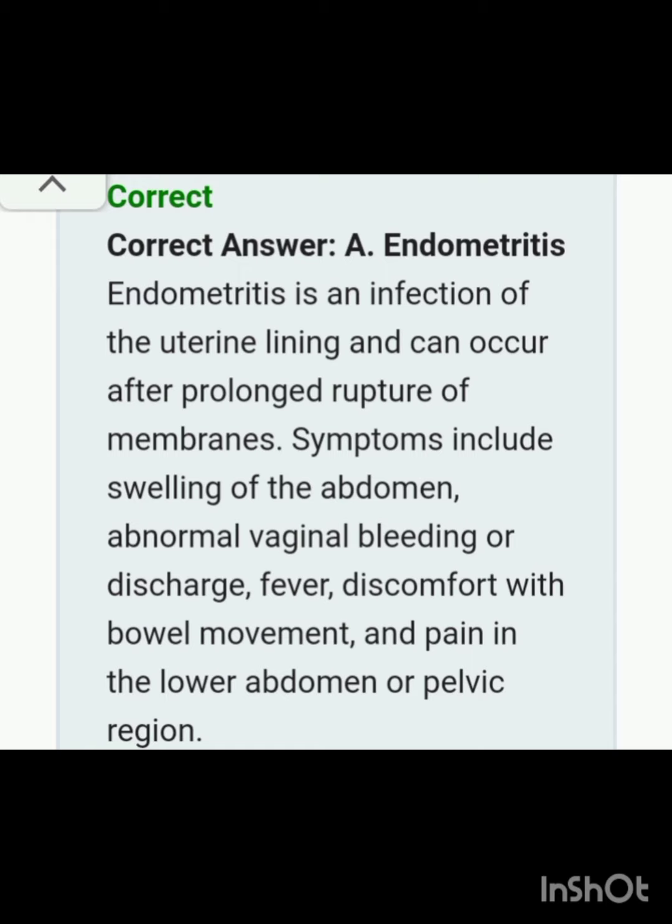And pain in the lower abdomen or pelvic region we can also see in this case.